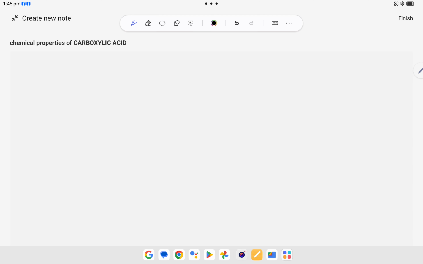Now the next chemical property is reaction with thionyl chloride, PCl5, PCl3.